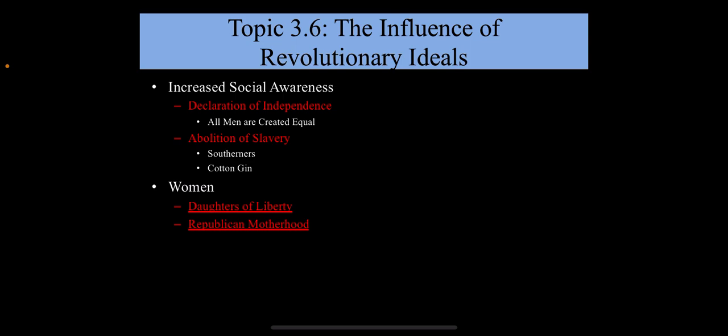And then, of course, we need to talk about Abigail Adams. In 1776, she wrote a letter to her husband, John Adams, good old Johnny Adams. And she was a big proponent of liberty.